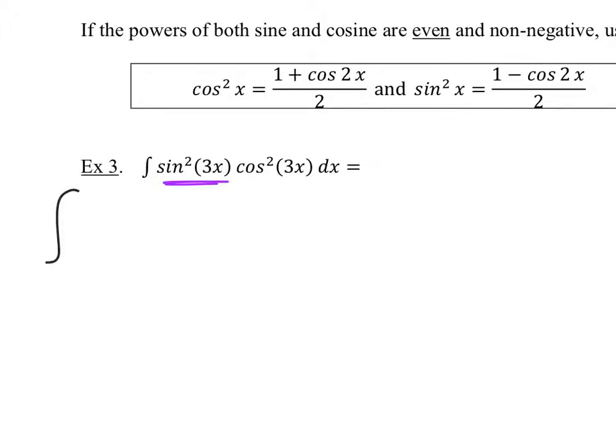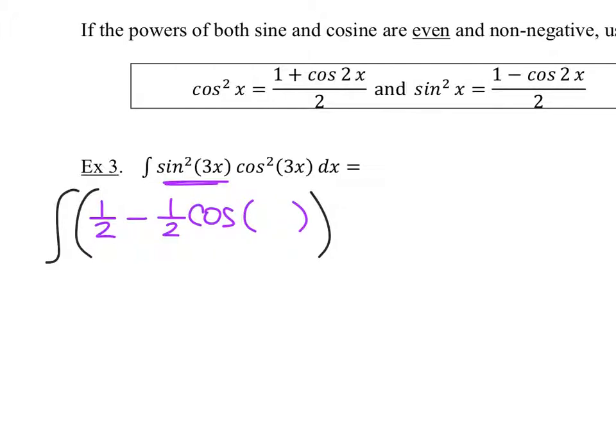squared of 3x, so a little bit of an adjustment here, with a 1/2 minus 1/2 cosine. Well, it's not going to be 2x, because the relationship here is that if it were x, it would be 2x, but this is 3x, so this should be 6x.